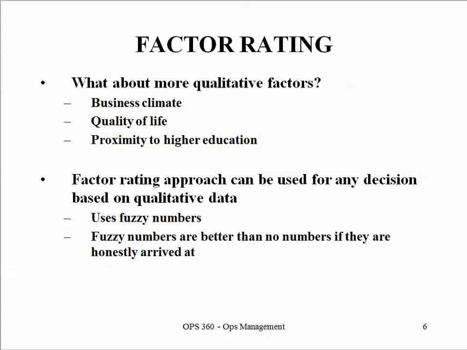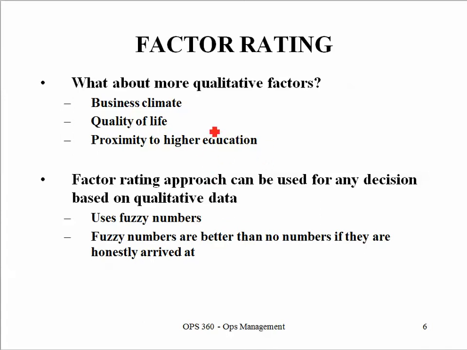Okay, the cost volume analysis model is good for evaluating different sites on the basis of cost, but what about more qualitative factors? Clearly there may be factors that we think will affect the overall profitability of the company that are a little more difficult to quantify.